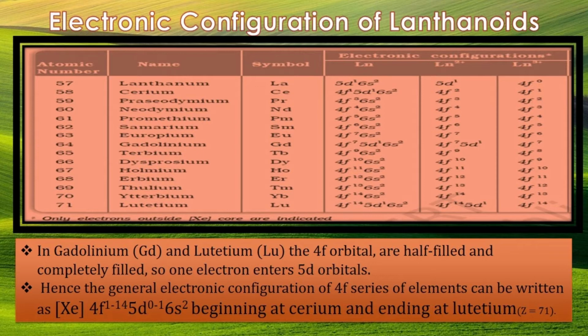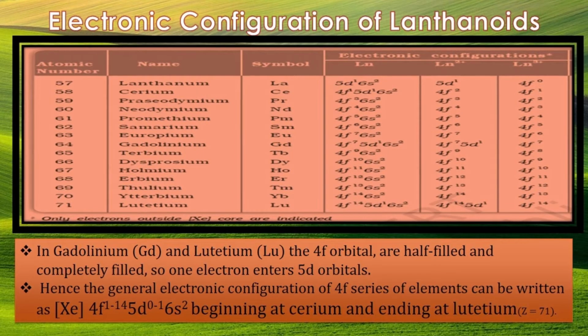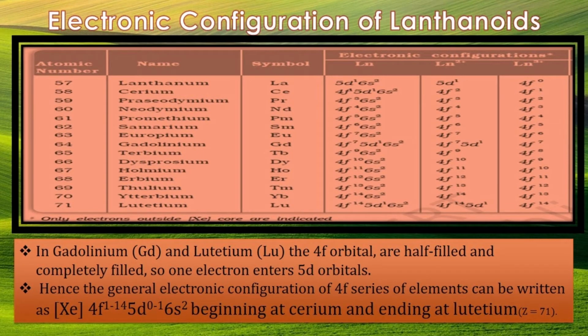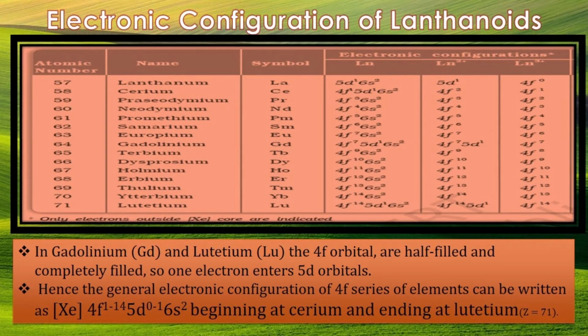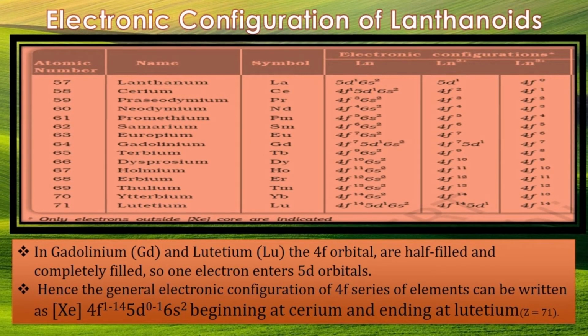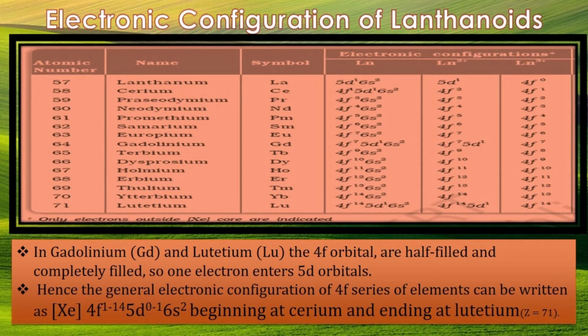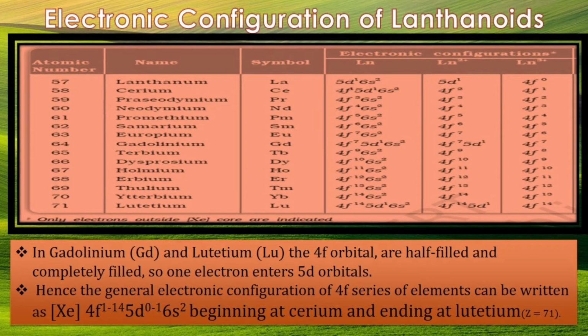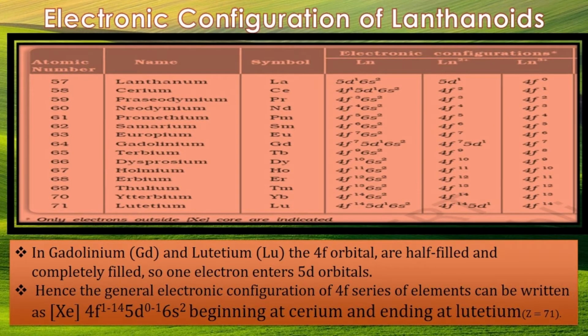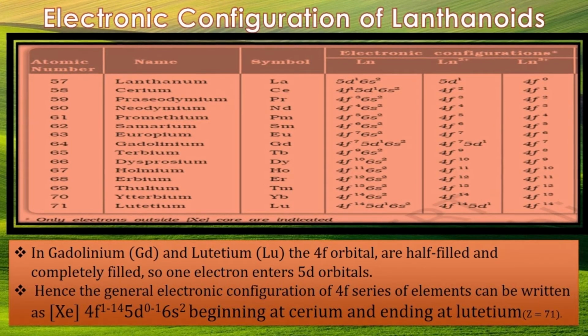Hence, for lanthanum, the expected electronic configuration is xenon 4f1 5d0 6s2. But the actual electronic configuration of lanthanum is xenon 4f0 5d1 6s2 and it belongs to the D block.